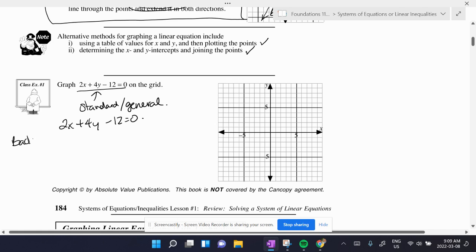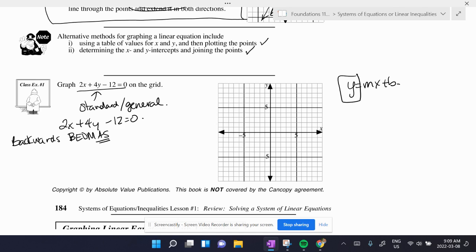Backwards PEMDAS. What comes first? Addition and subtraction. So remember that we're trying to solve for y equals mx plus b. We want y by itself, okay? So we want everything else over on the other side.